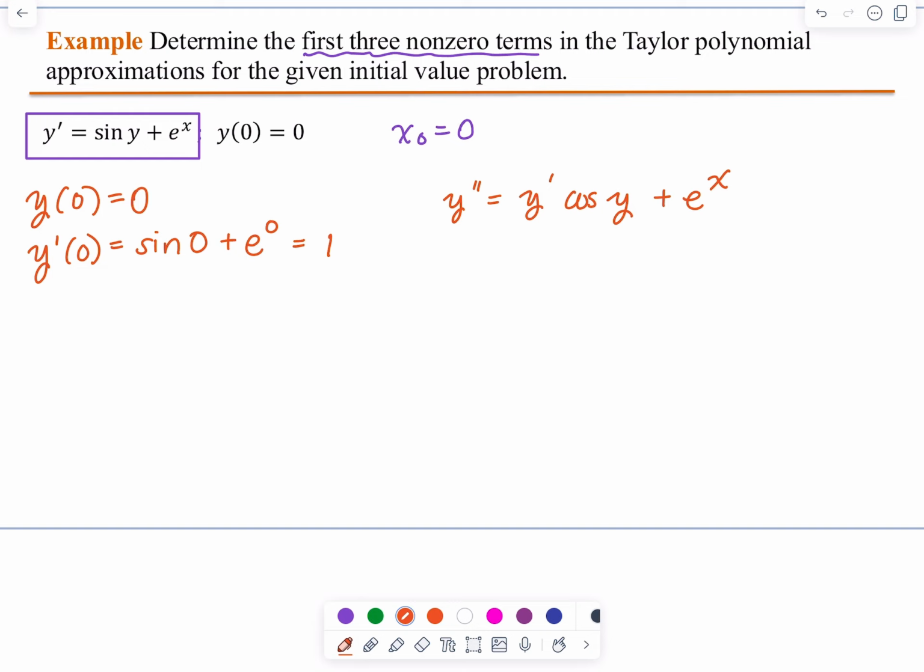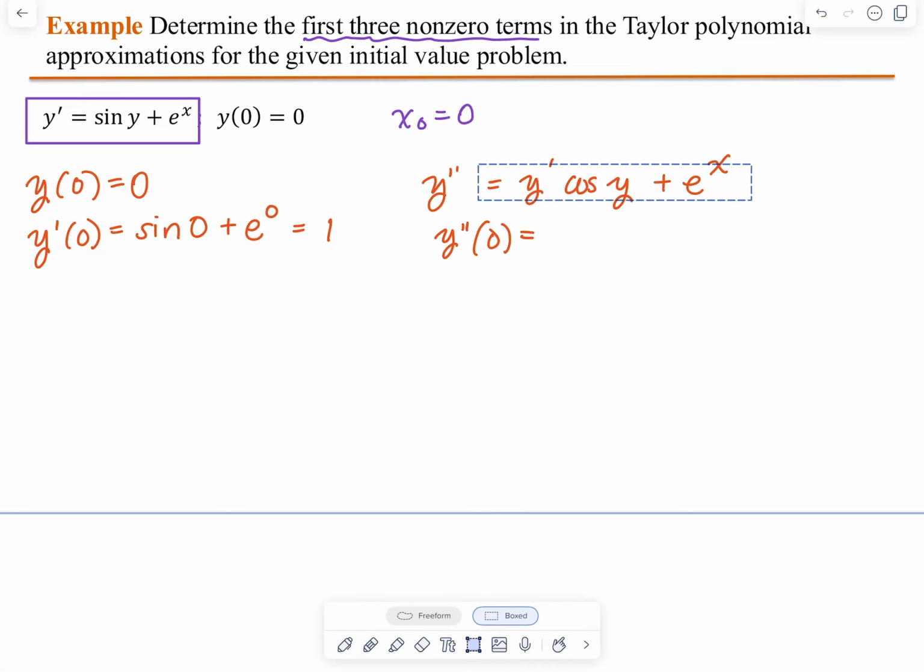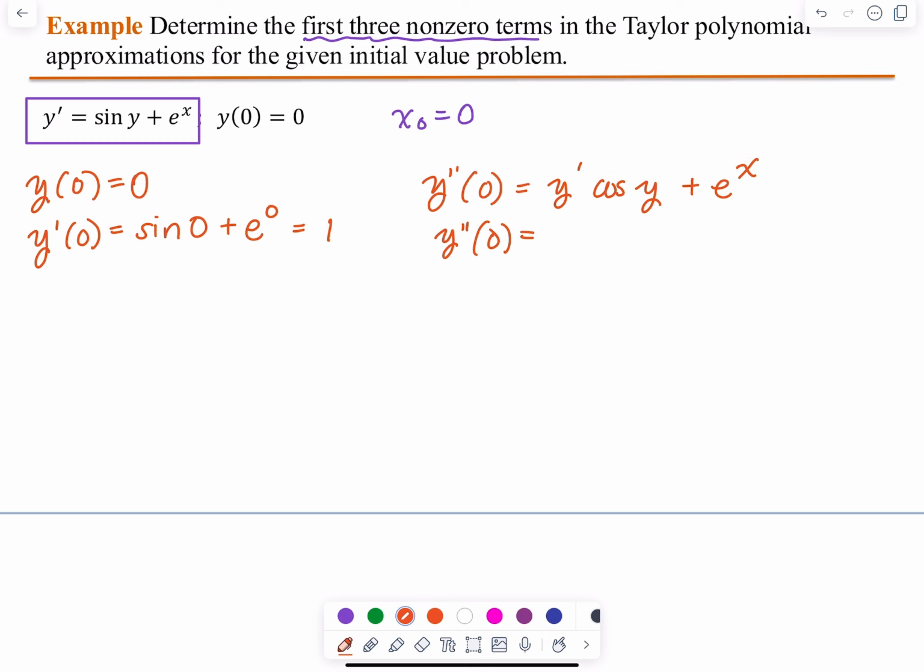So evaluating y double prime at 0, we have y prime of 0, which is 1, multiplied by the cosine of 0 plus e to the 0, and we come up with 2.